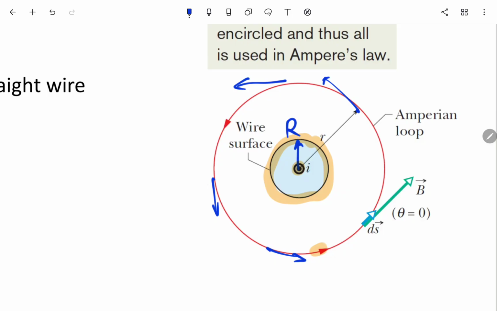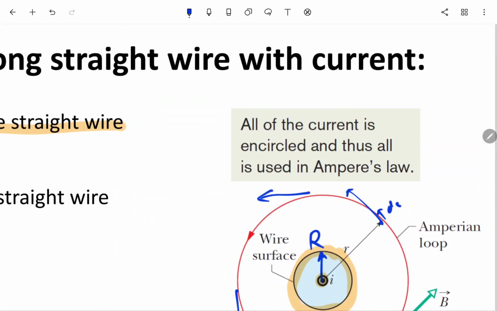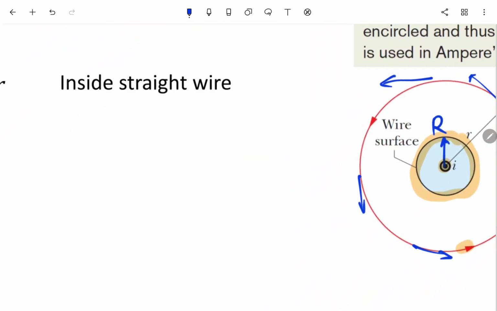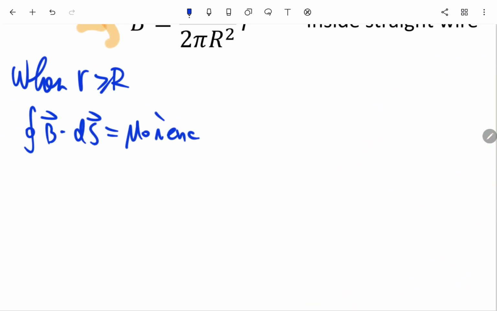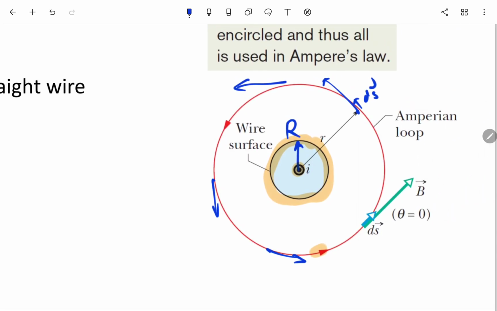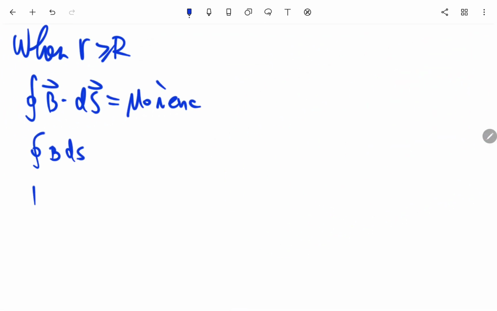And also, B should always be parallel to ds, which means that B dot ds becomes B times ds, and B is uniform due to the symmetry. So it turns out to be B times the integration of ds, which is the circumference of the circle, nothing but 2 pi r.